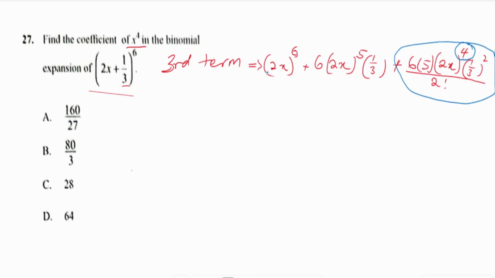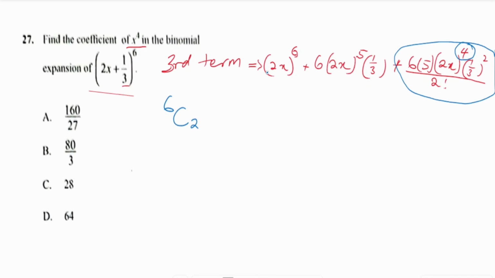But I said earlier in the previous question that it is easier to use the combination method when solving for only one term. So I'm going to use the combination method again, for the third term. We are going to have 6 combination 2, because 6 is the n, the highest exponent, and combination 3 minus 1, which is 2, as the coefficient.